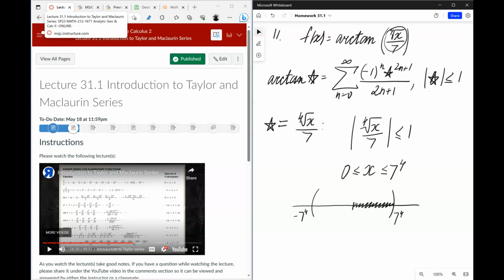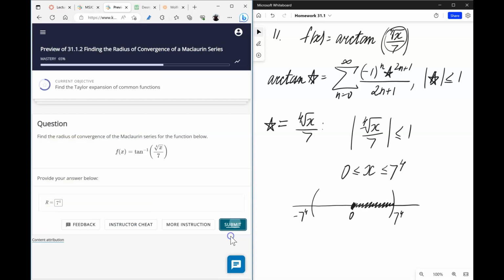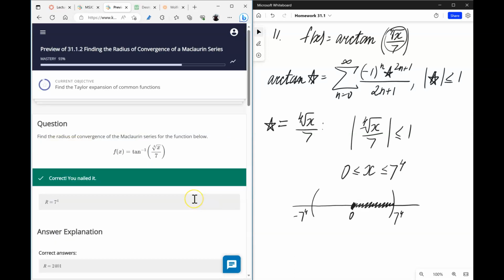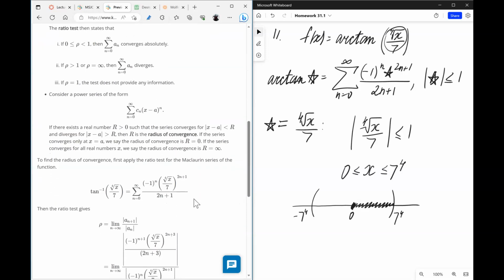So technically this is your interval of convergence, but the radius is, I don't know, let's try 7 to the power 4.